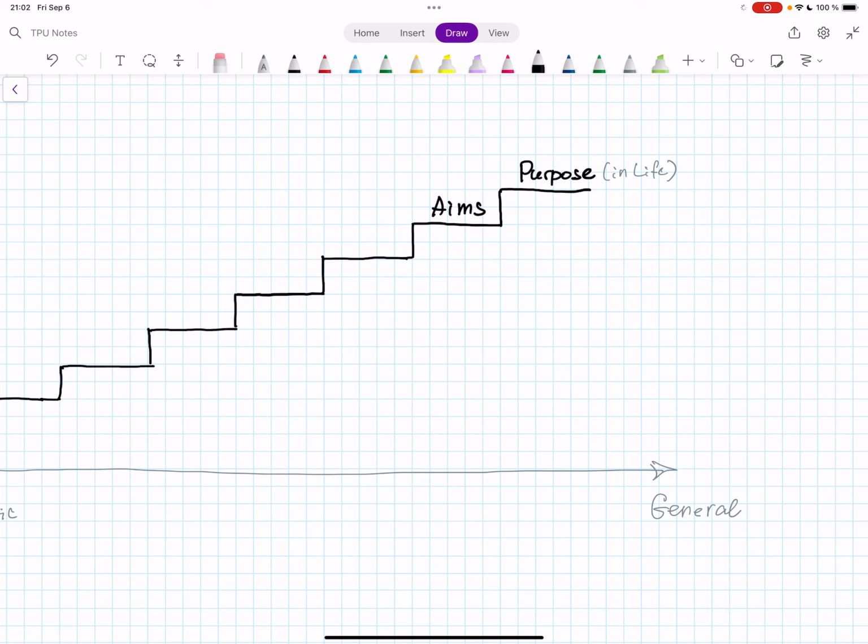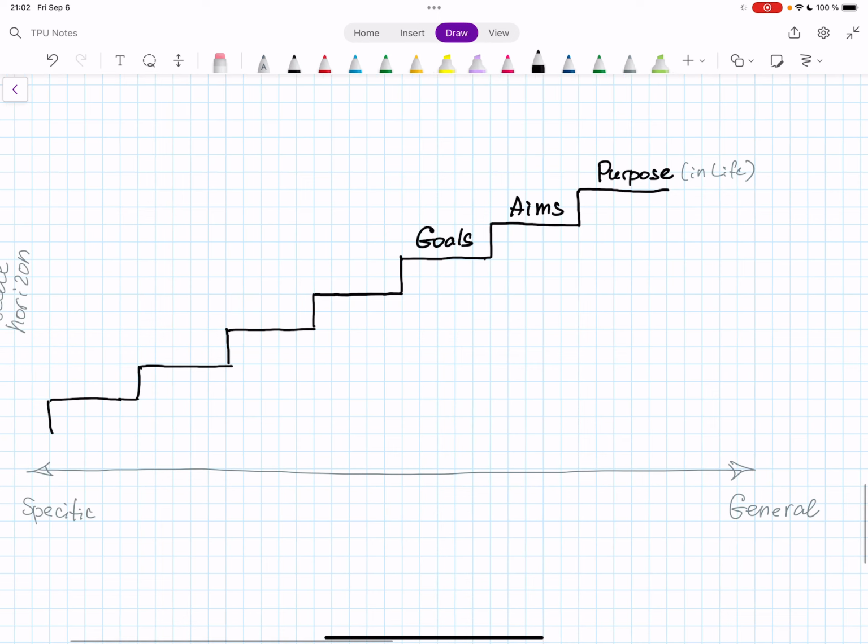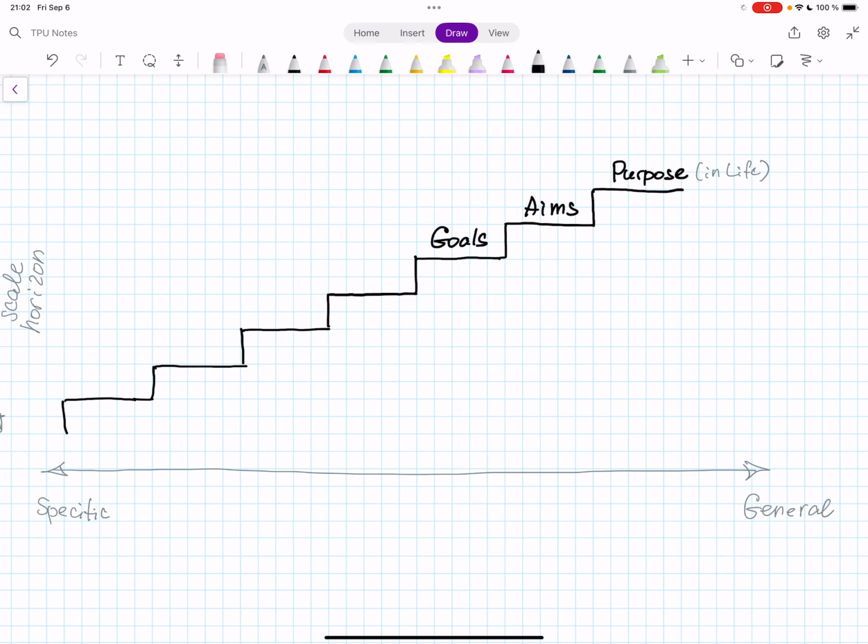One step down, even more specific, we will use the word goals as we mentioned it before. So this is the most general word used for goals. Okay? If you want to be even more specific, you talk about targets.